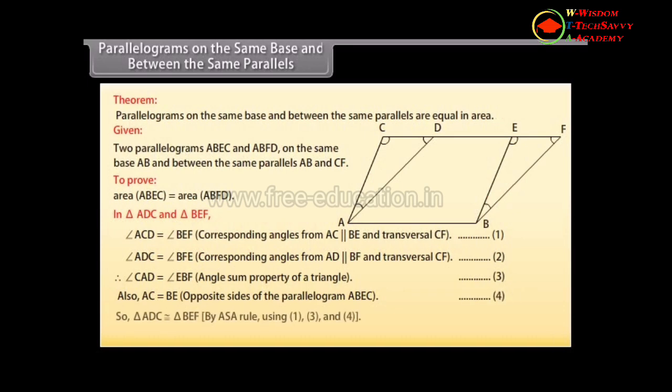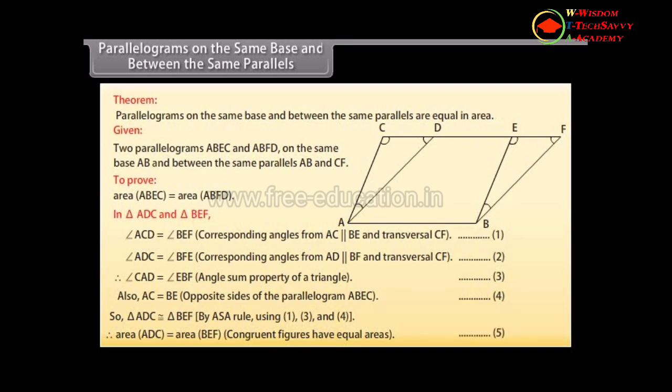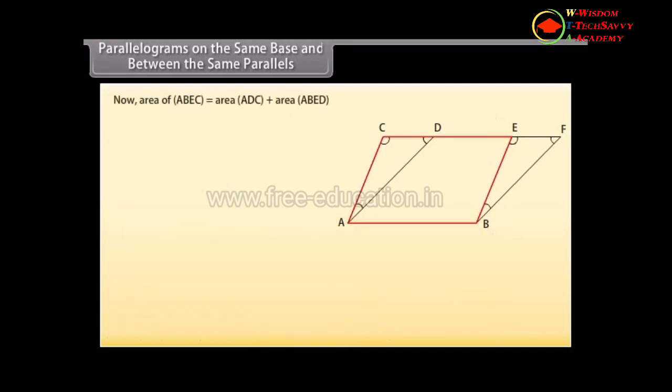Mark it as 4. So, triangle ADC is congruent to triangle BEF by ASA rule using 1, 3 and 4. Therefore, area of ADC is equal to area BEF because congruent figures have equal areas. Mark it as 5. Now, area of ABEC is equal to area ADC plus area ABED.